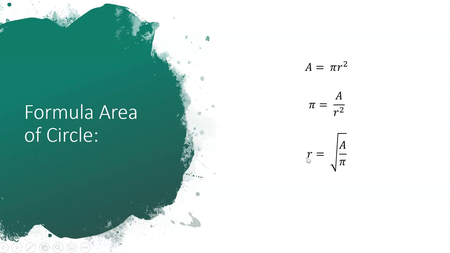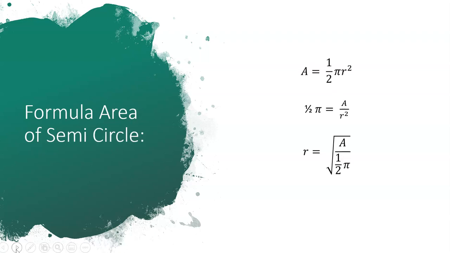Here we're looking for whatever our radius is. In the case of the middle one, generally we know what pi is because we know that value, but you may want to double check your answer to make sure you get it correct. Here we would be looking for our radius, so we would be finding the square root of the area divided by pi. So it's just rearranging your formula depending on what you're looking for.